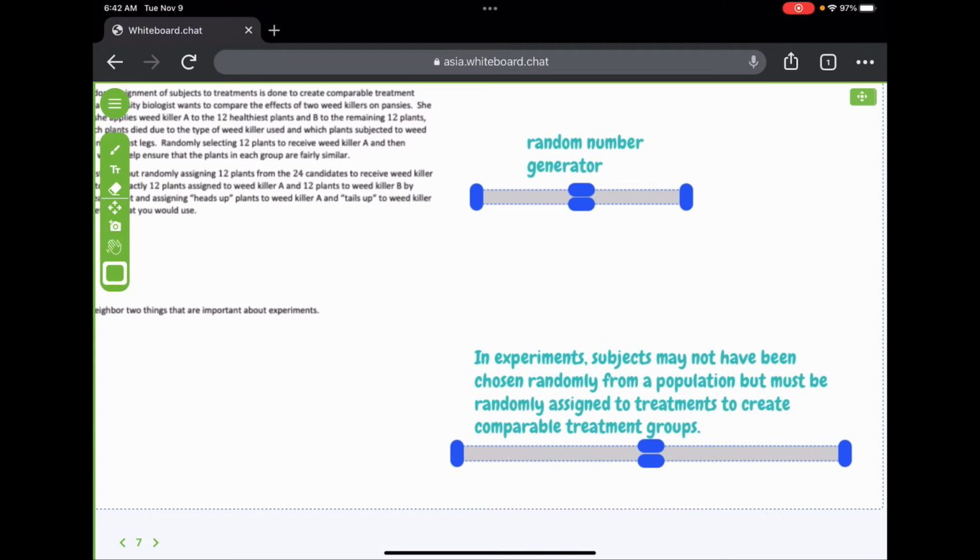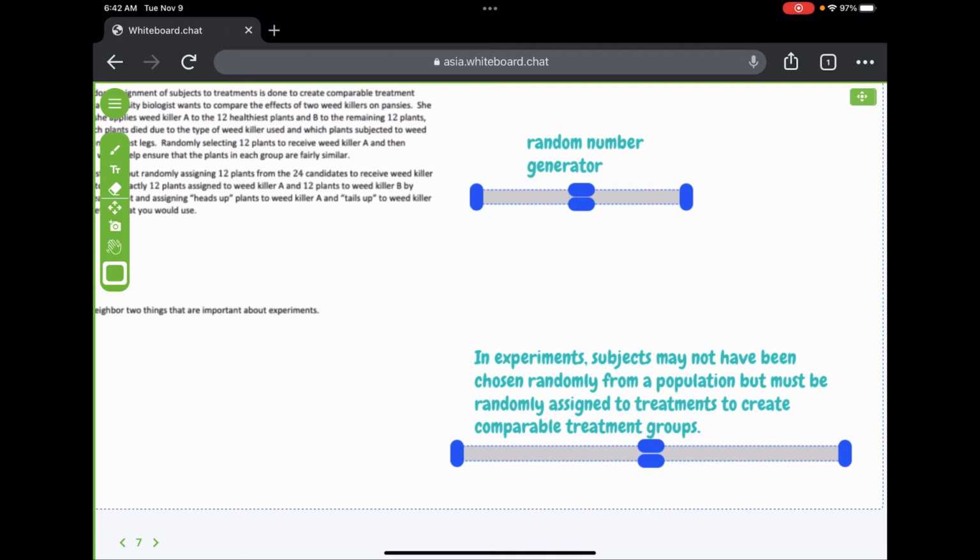Okay. So in the example above, we've got 24 candidates. We're not randomly picking those. We've been given those. Now we need to randomly assign treatments. Okay, whether that is weed killer A or weed killer B. Now we need to randomly assign those. That's what it's saying there.